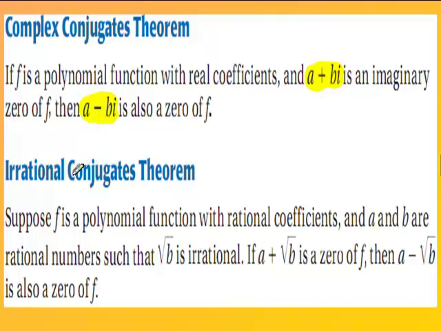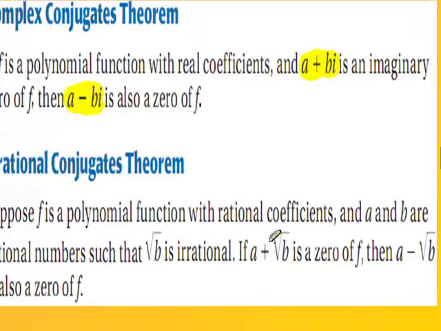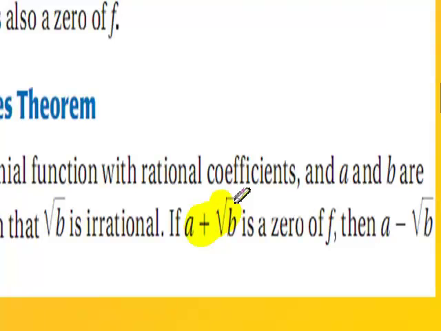And the irrational conjugates theorem down here states the same thing, except it's for irrational numbers. So if I have a plus the square root of b as a solution, a minus the square root of b must be a solution as well. So we want to be aware that this applies both to complex numbers as well as irrationals.